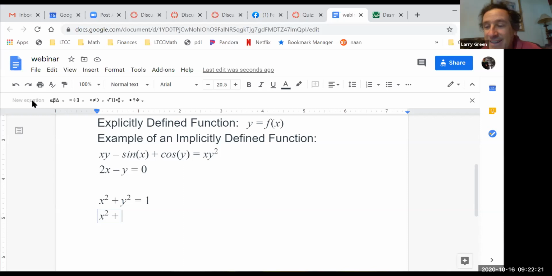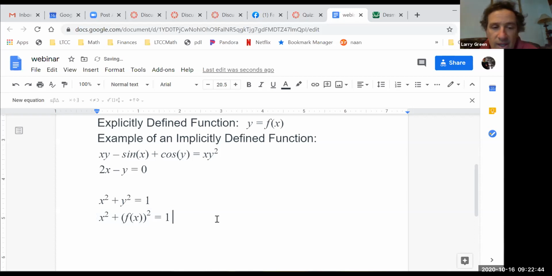I want to say it's a function of x. So we could just call this f of x. And it's f of x squared, procrastinating away the solving, equals 1. Any questions on that?